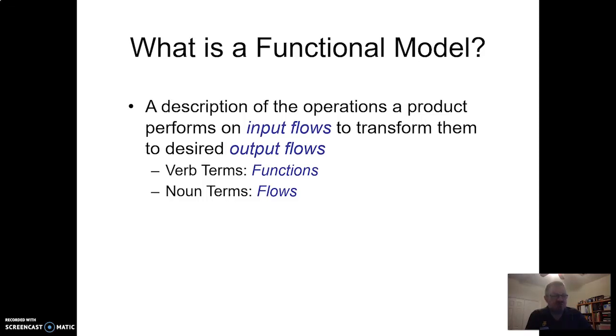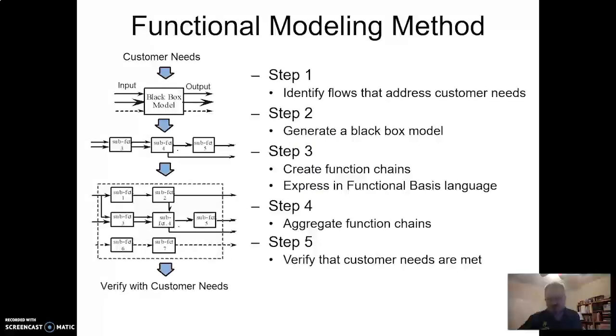It represents something that is flowing through your system, and the verb is a function that is performed specifically on that flow. So that's the technique we're going to be talking about in our lessons on this topic this week. This is the 5-step process for functional modeling.